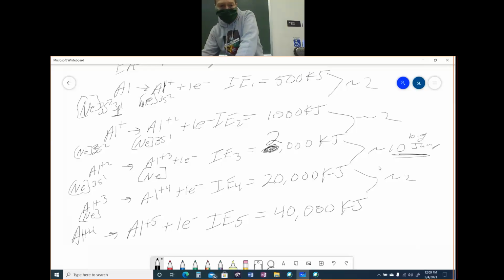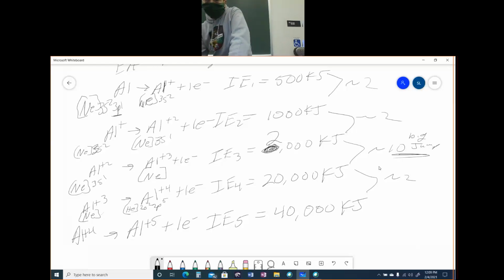It does not want to go down to a helium core with 2s2 and 2p5. So we went down in energy level. We took electrons out of the 3p, out of the 3s, out of the 3s. Now we took electrons out of the 2p, and that is going to give you a much bigger jump in energy.